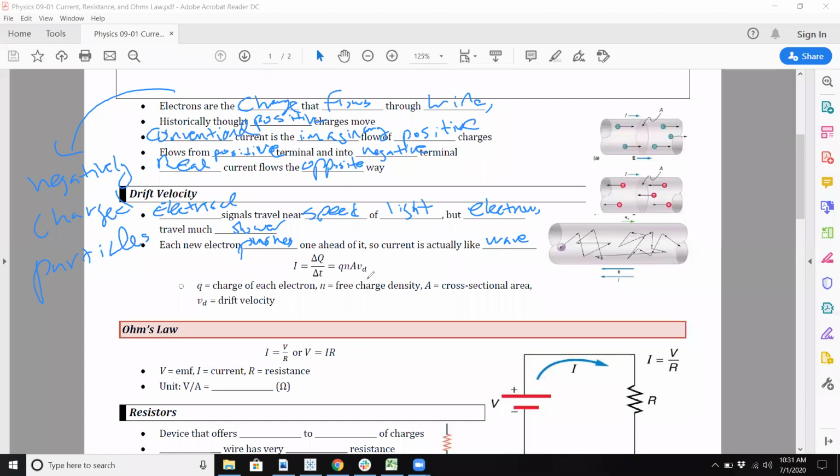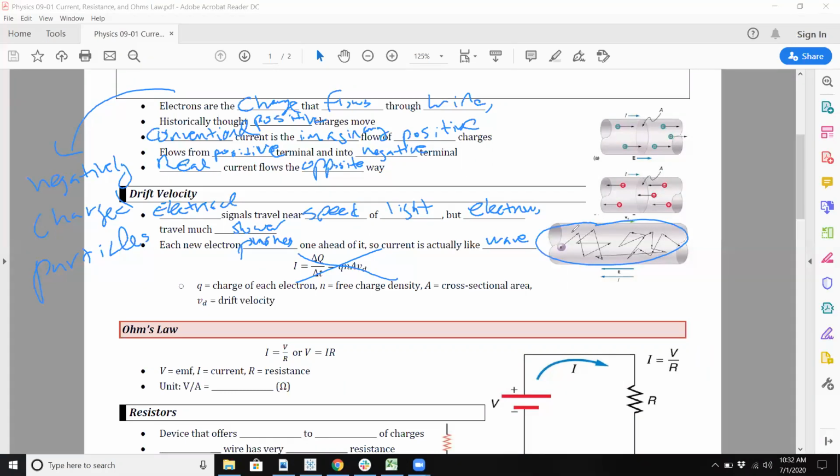Actually, yeah, we won't worry too much about it. Just cross it off. I care more about Ohm's law and current. So I'll give you guys a chance to copy the rest of that down. Again, electrical signals travel near the speed of light, but electrons travel much slower. Each new electron pushes one ahead of it, as you can see right here.